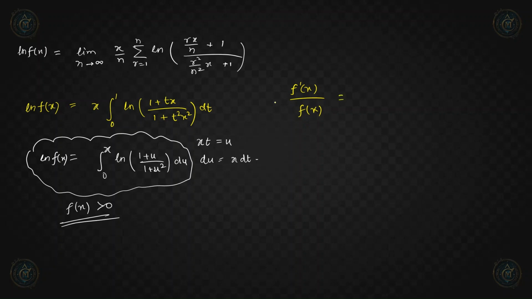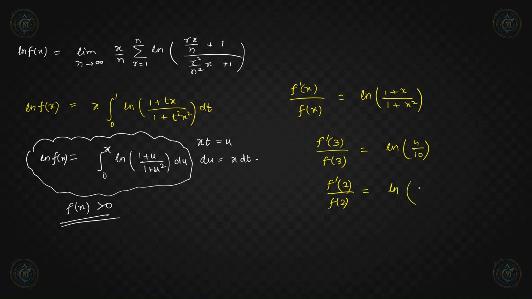So f dash x divided by fx, using the Leibniz rule, will become log of 1 plus x divided by 1 plus x square. So we simply have to check the values of f dash 3 by f3. That means this will be log of 4 divided by 10, and then f dash 2 divided by f of 2 equals log of, substituting x equal to 2 here, 3 divided by 5.